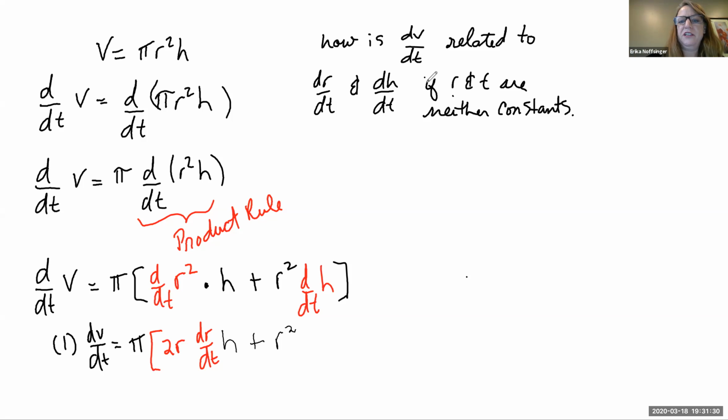The derivative of h is 1, but it's dh/dt.